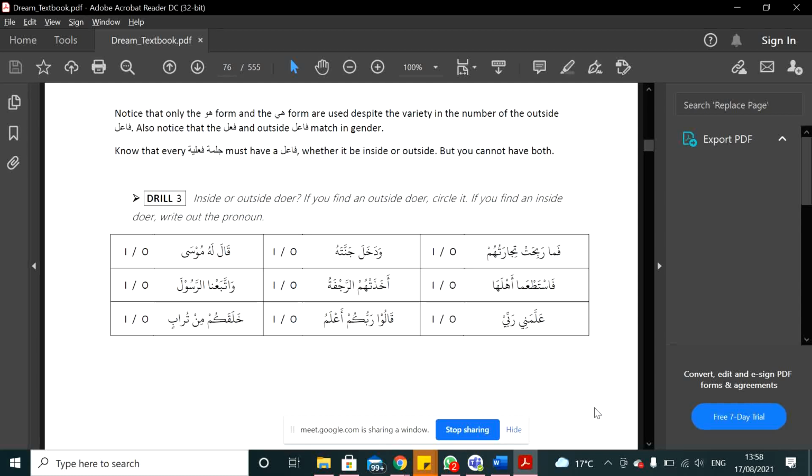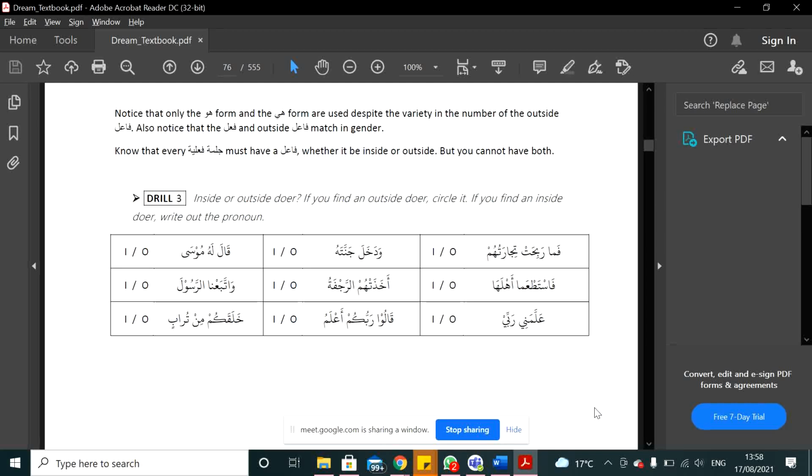Now, Sister Sarah, please do wa dakhala jannatahu. Wa is a harf and dakhala jannatahu. Dakhala means to enter.